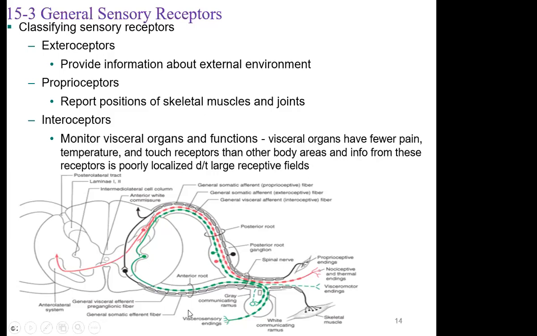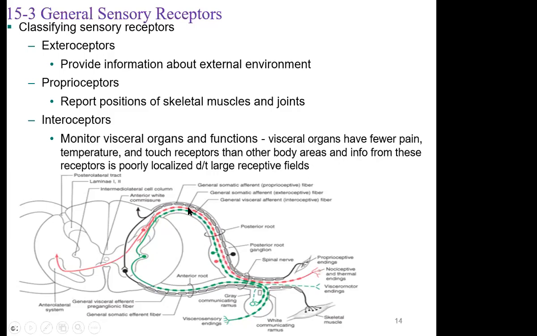So I put this picture in here so that you could see proprioceptive endings. Proprioceptive endings, we have this black line right here. If you trace the black line all the way up, what you get is the general somatic afferent proprioceptive fiber. We have nociceptive and thermal endings on the red line.